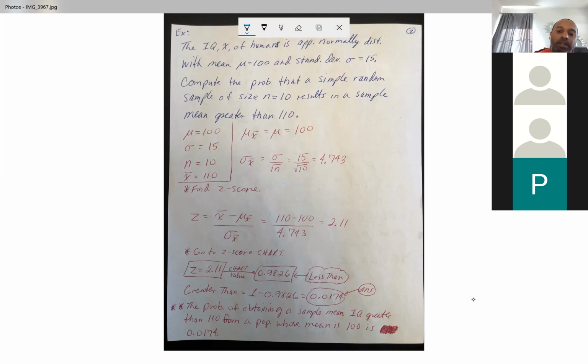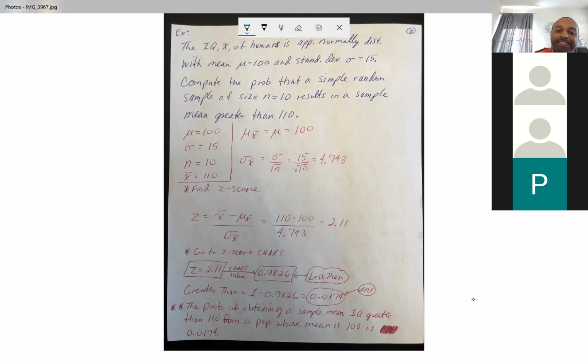All right, now we go to the z-score chart, which is the chart that Ms. Buffalo does not like. Once you go to the chart, that gives us 0.926.